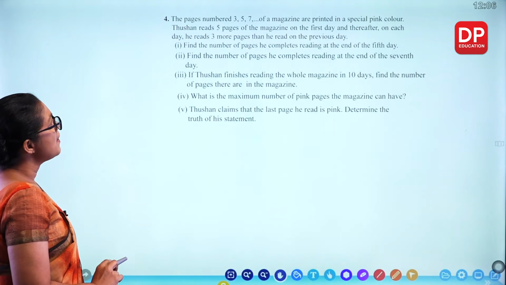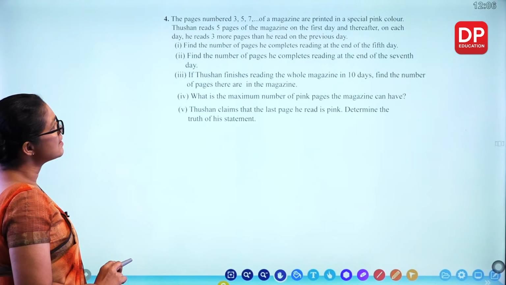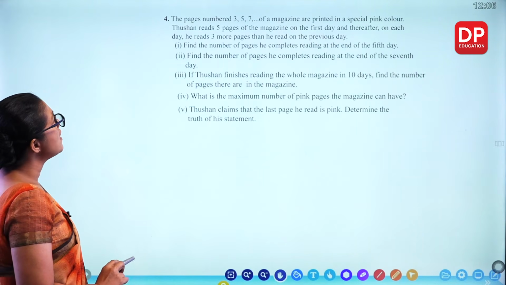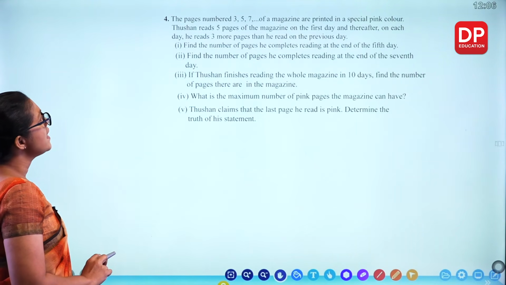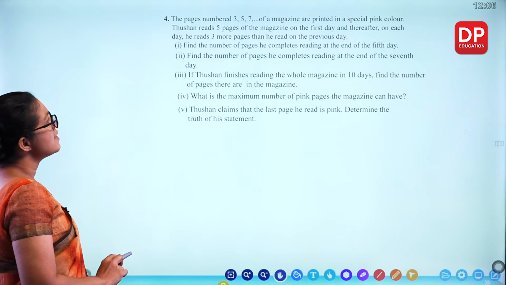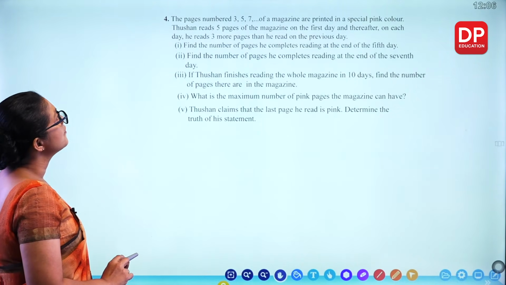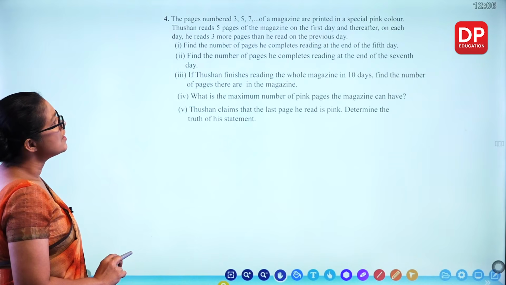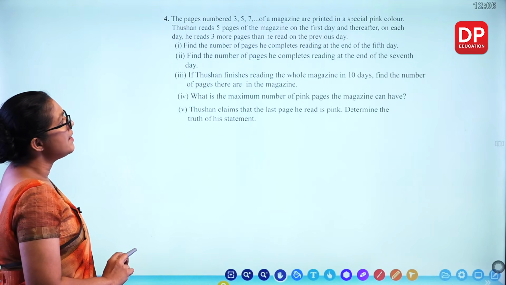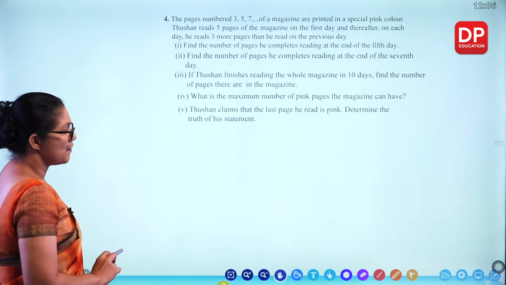Tushan reads 5 pages of the magazine on the first day, and thereafter on each day he reads 3 more pages than he read on the previous day. Find the number of pages he completes reading at the end of the 5th day.